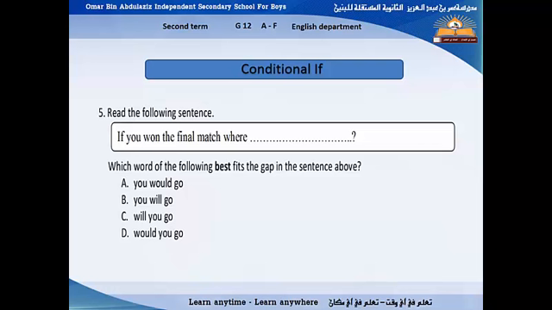You would go is used for a statement, but here we don't have a statement, we have a question, and in a question, as known, we just put the helping verb before the subject. So the right answer is would you go?